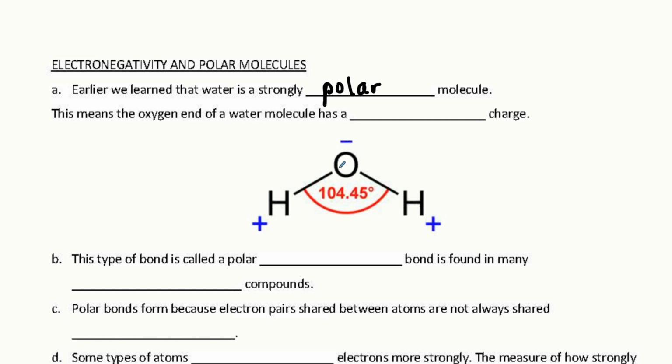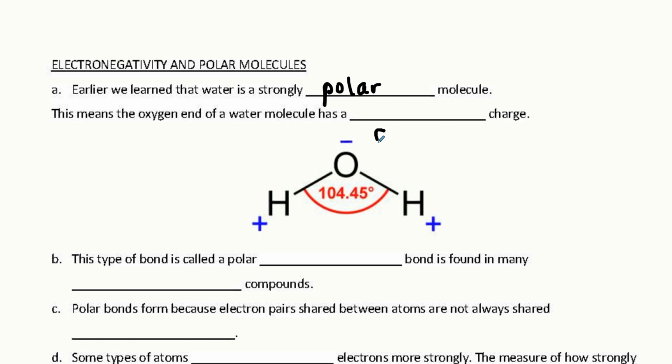In the case of water, oxygen pulls more strongly on the shared pair of electrons and pulls that pair towards the oxygen atom. That means the electrons spend their time close to the oxygen and not so close to the hydrogen. So that makes the oxygen end of the water molecule have a partially negative charge.